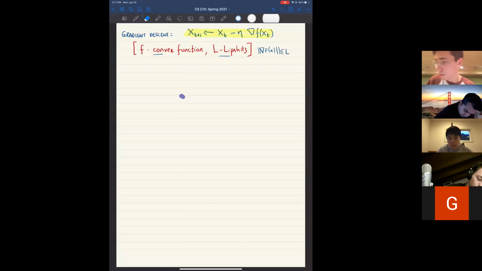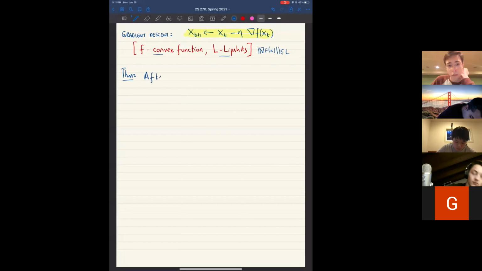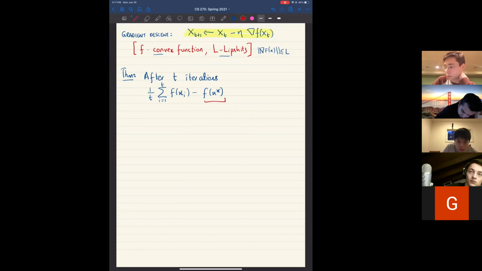Okay, so what's the theorem we want to prove about it? You want to claim that after t iterations, if I look at the average value of the function on my iterates, it's not much larger than the optimum value, which is the minimum value of the function, min over x of f(x).